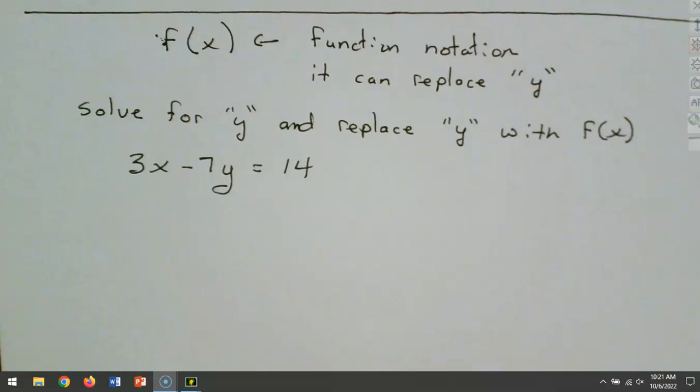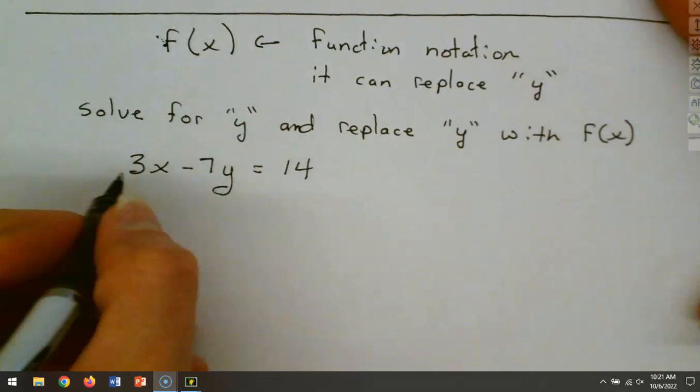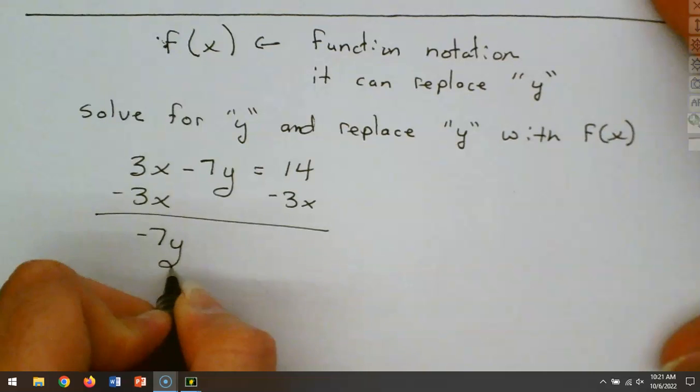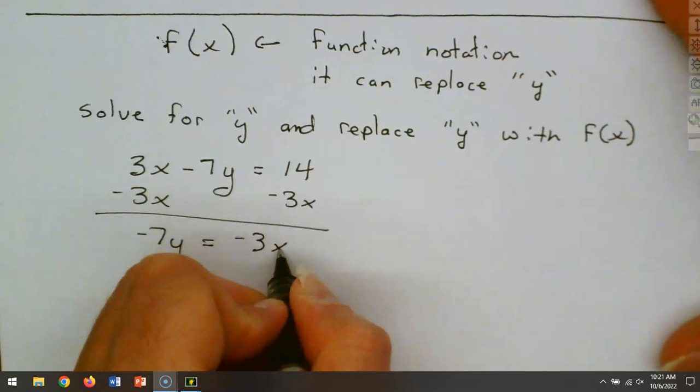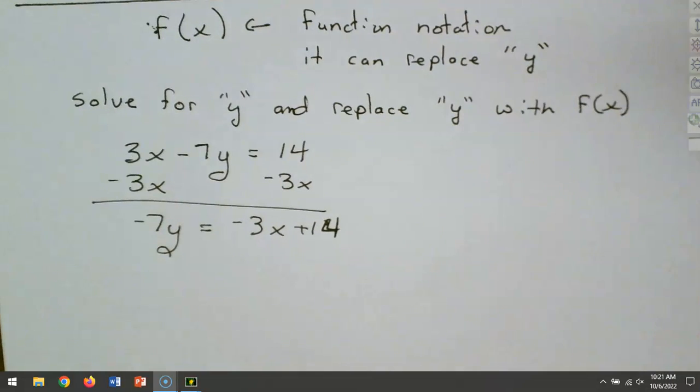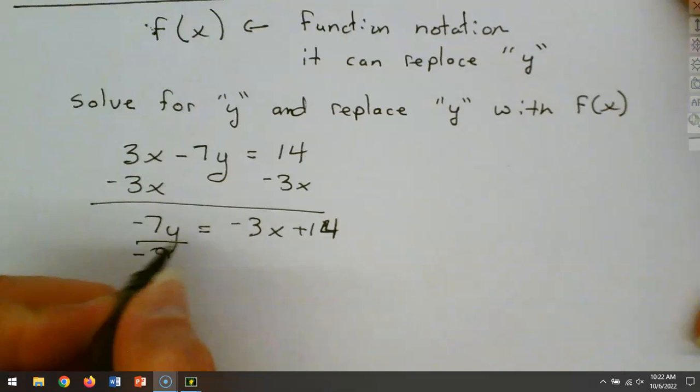You're probably already familiar with this because when you graphed lines, you had to solve them for y. Same concept here. Solve this for y. So move that 3x over: minus 3x plus 14. Then divide by your negative 7.